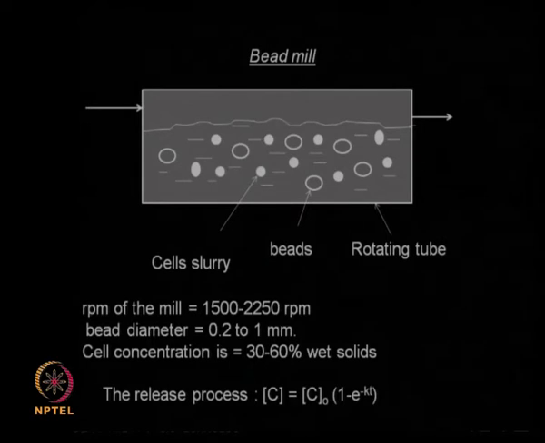But one main disadvantage of this is after the operation I have to completely clean, because I may have dead cell debris, I may have exopolysaccharides all stuck inside, and that needs to be cleaned so that it does not contaminate the next batch. So the cleaning operation takes up quite a lot of time.